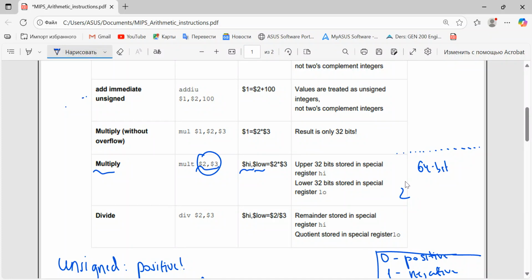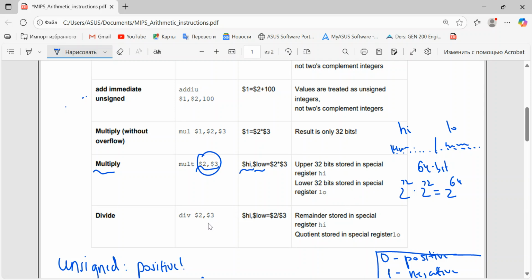Because when we multiply 32-bit by 32-bit, the number is going to be 64-bit. So the 64-bit value is split into a high part and a low part. In the mult instruction, the value is split into two registers, as I said. Here are going to be some numbers, here are also some numbers, okay?